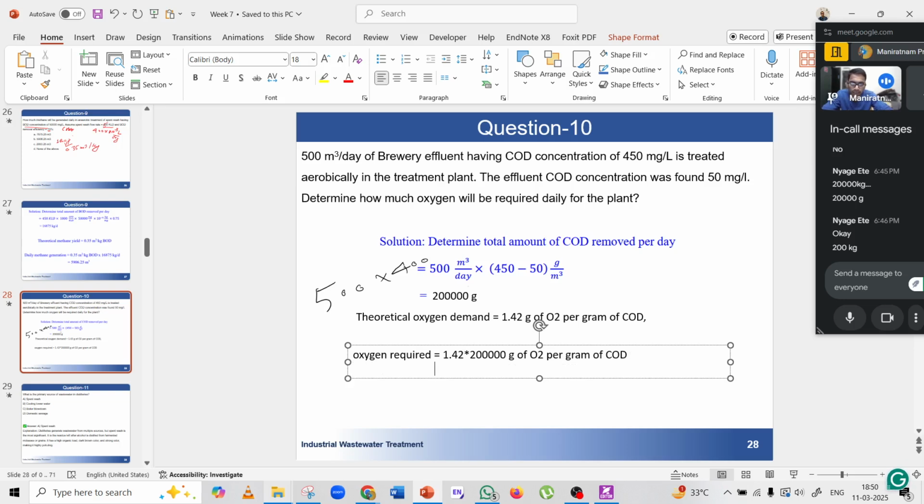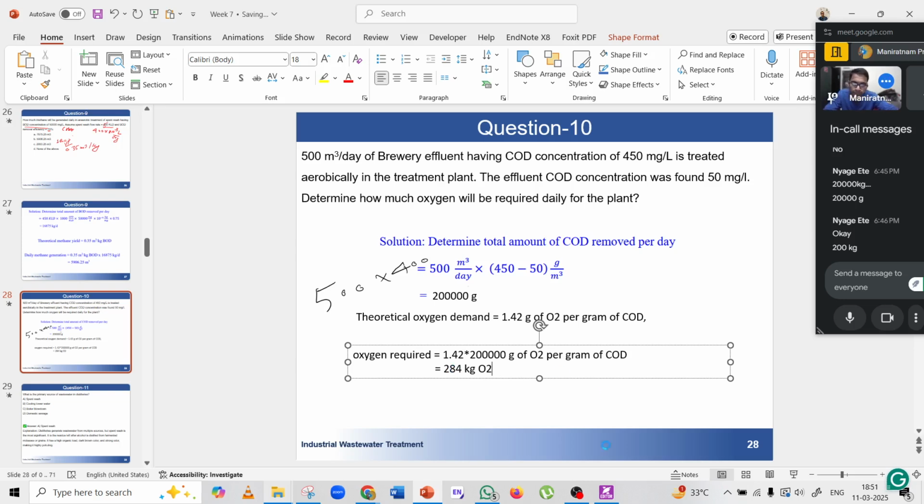If we convert into kg, the thousand will be gone, and it will be 1.42 into 200, that is 284 kg O2.